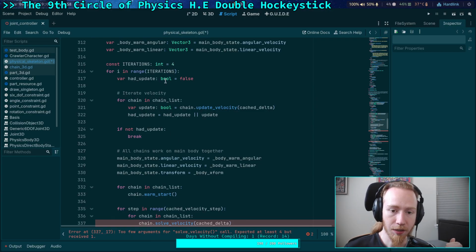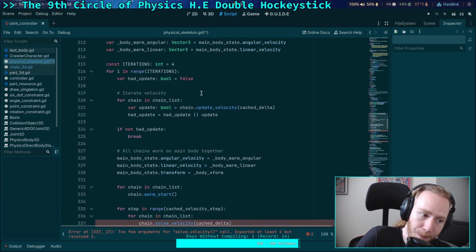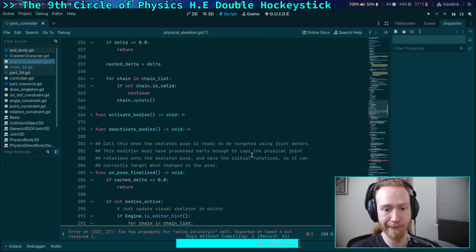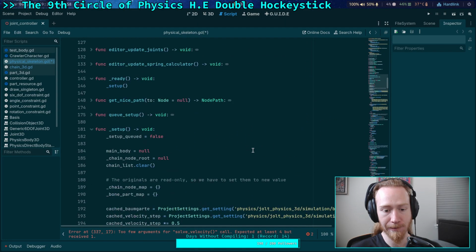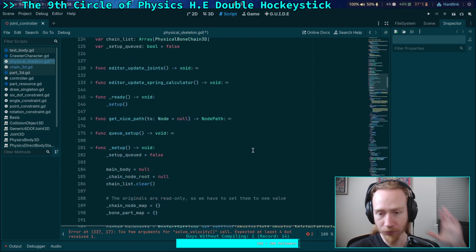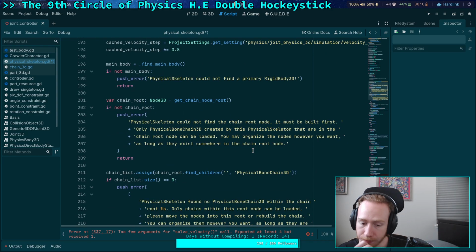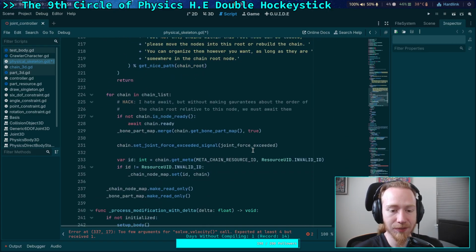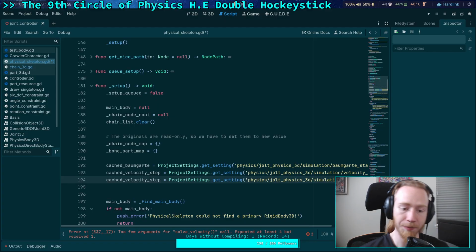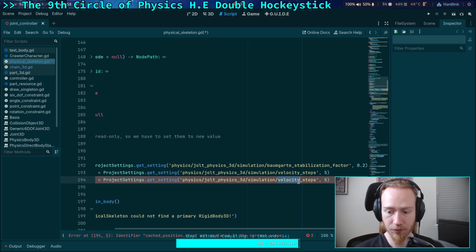Okay. That's whatever. I can just calculate it every time. So I have that velocity step. I'm going to get position step.